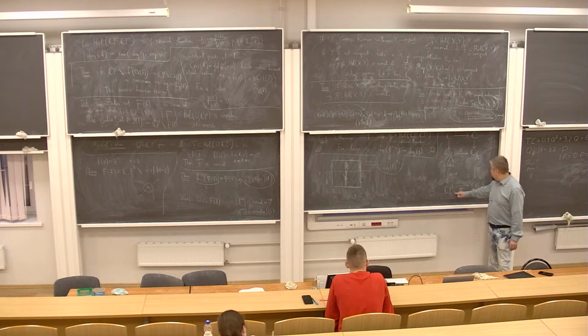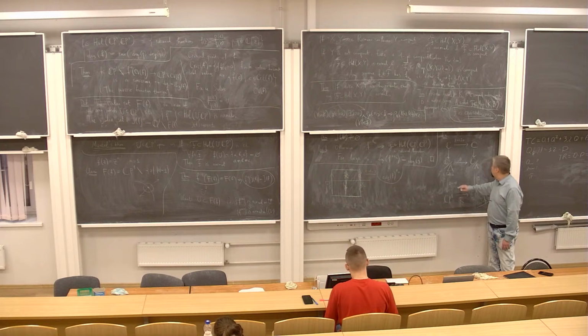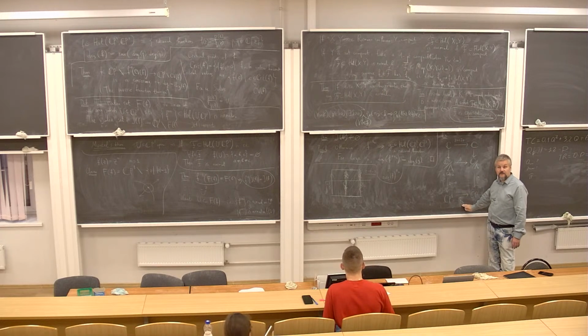And I claim that this rational map has empty Fatou set because the derivative, so if you look at the derivative here, it grows, therefore the derivative here also grows.